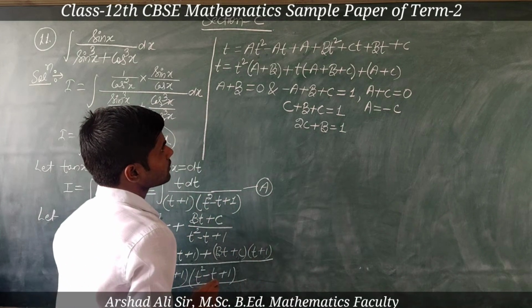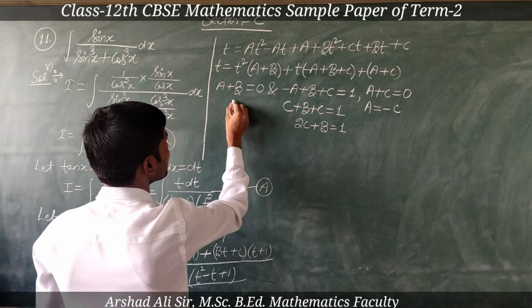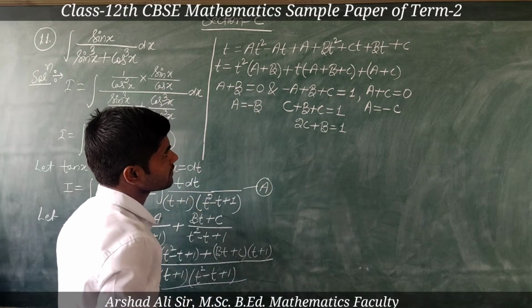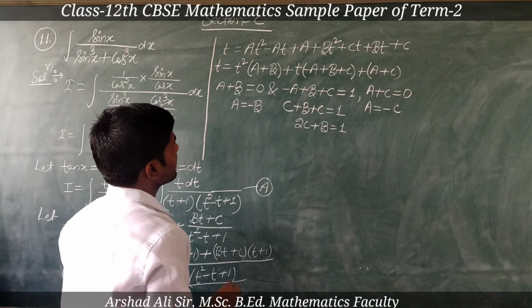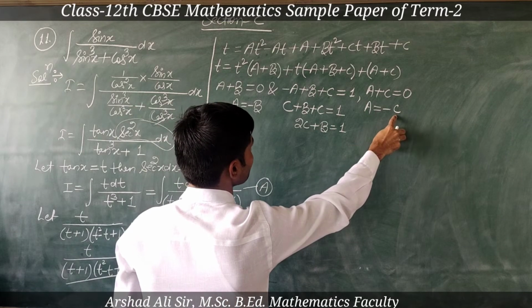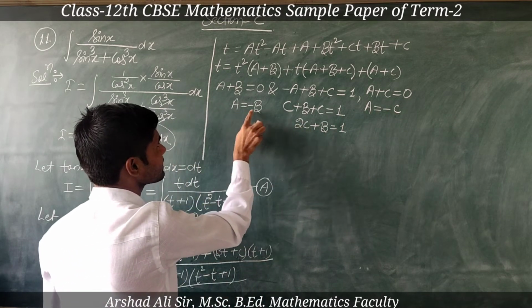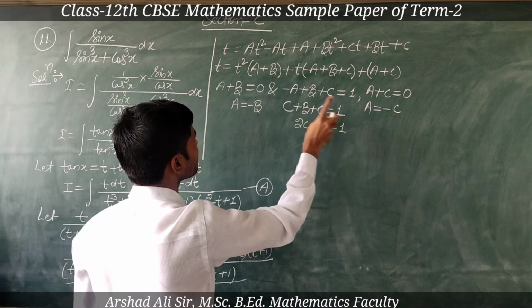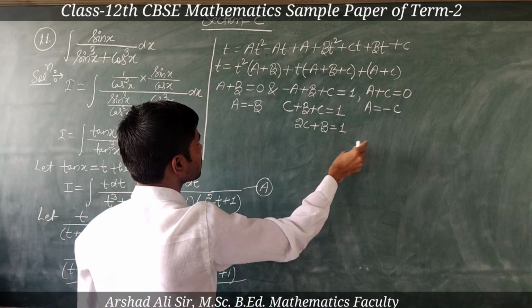Okay, so here we can write a is equal to minus b, and a is equal to minus c. Can you see? It means minus b equal to minus c, or we can write b equal to c.